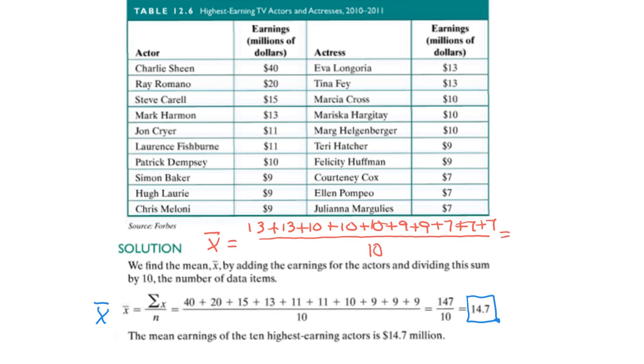And when you find the mean here, you're going to get 9.5. Now remember, once again, this is not just 9.5. This is going to be $9.5 million. And that is the mean earnings for the top 10 actresses.